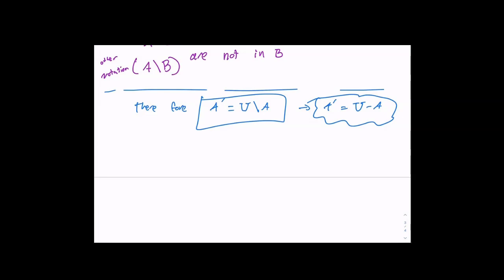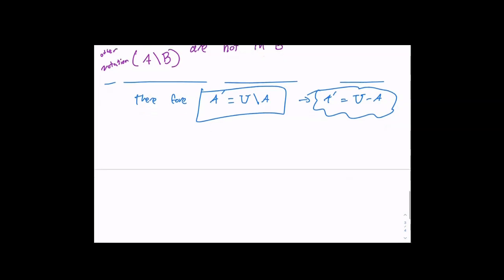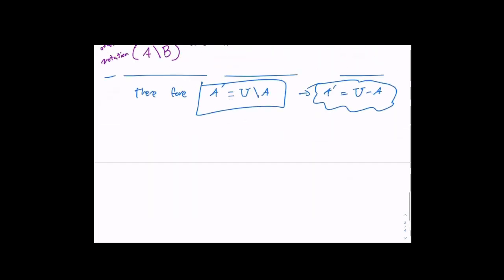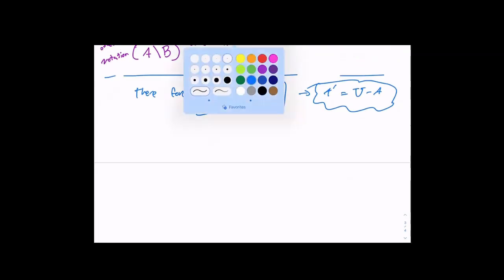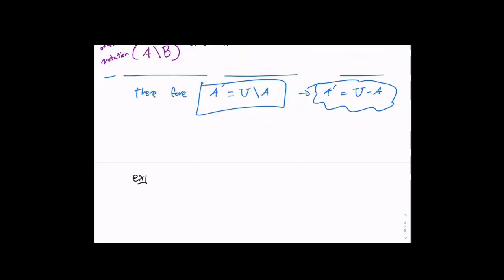In other words, these two sets do not have to be one inside the other. So let's look at an example. Set A is defined as A, B, C, and D.